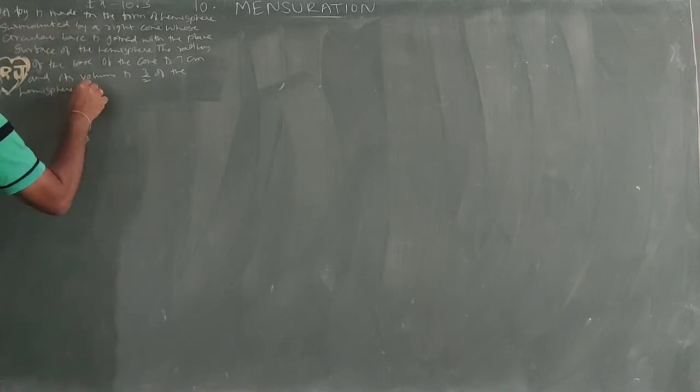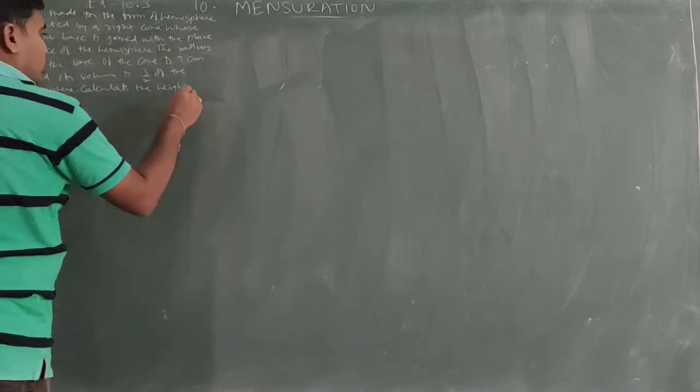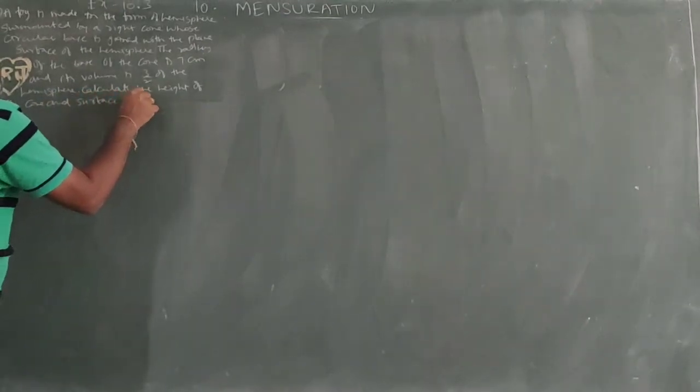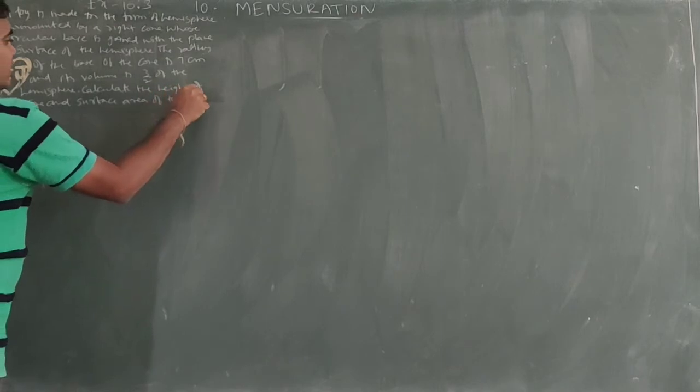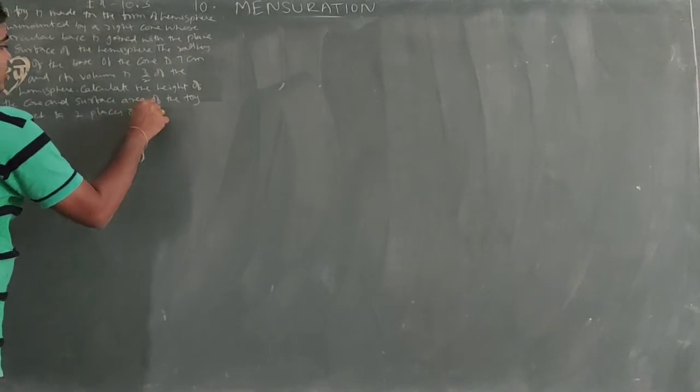Calculate the height of the cone and the surface area of the toy, correct to two places of decimal.